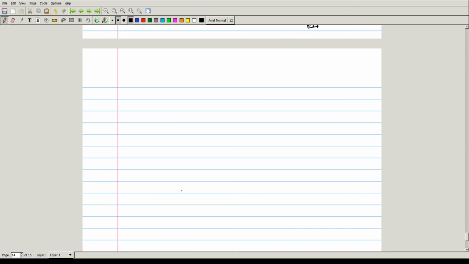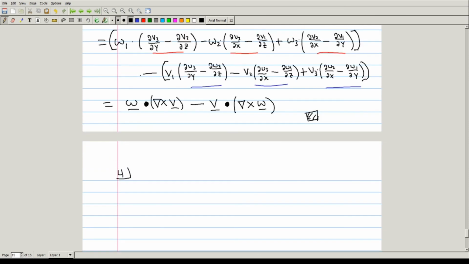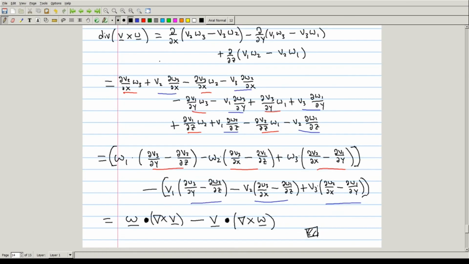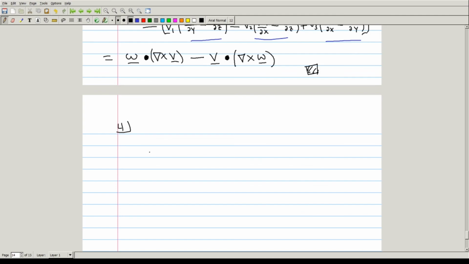A great exercise would be to go through any given list of vector identities or vector calculus derivative identities, and prove and figure out on your own what a given operation is equal to. So for instance, a really good exercise problem would be to investigate what the curl of a cross product of two vector fields is going to be.